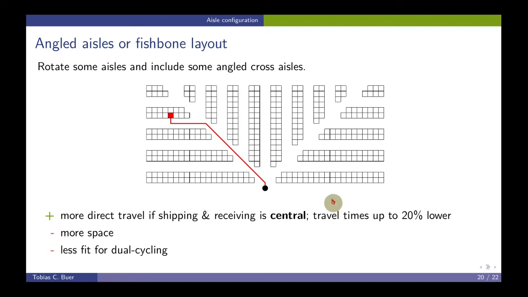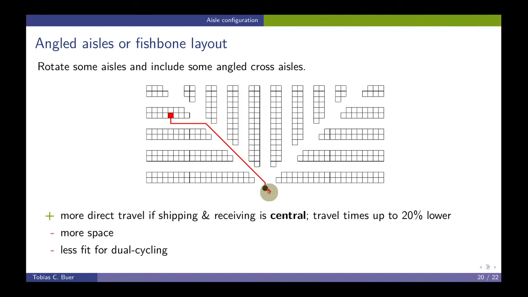You see that we have now some of the storage locations that have been rotated by 90 degrees, and we have a couple of cross aisles in a 45-degree angle that runs through the warehouse. And this gives us, to many locations, a more direct direction of travel, which reduces the travel cost.